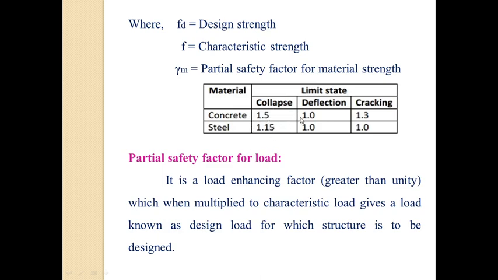Next is the partial safety factor for load. The partial safety factor for load, when multiplied by the characteristic load, gives the design load. Or we can define it as the load enhancing factor, greater than unity, which when multiplied by the characteristic load gives a load known as design load, for which the structure is to be designed.